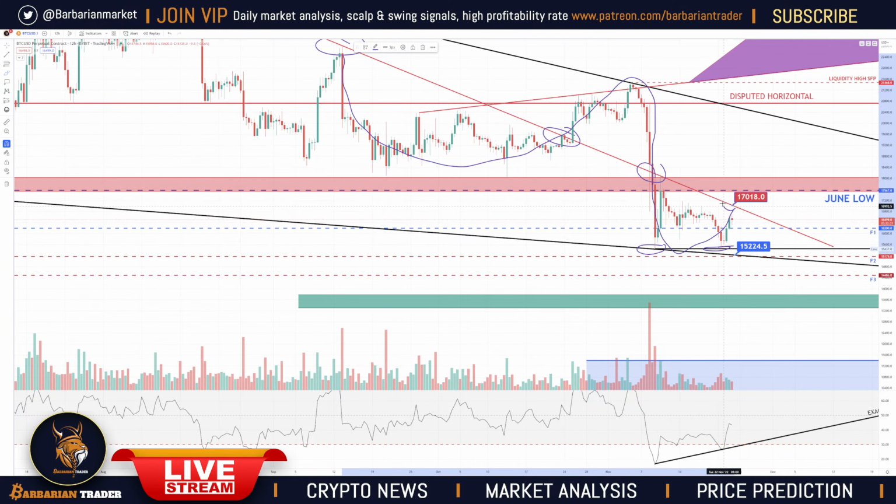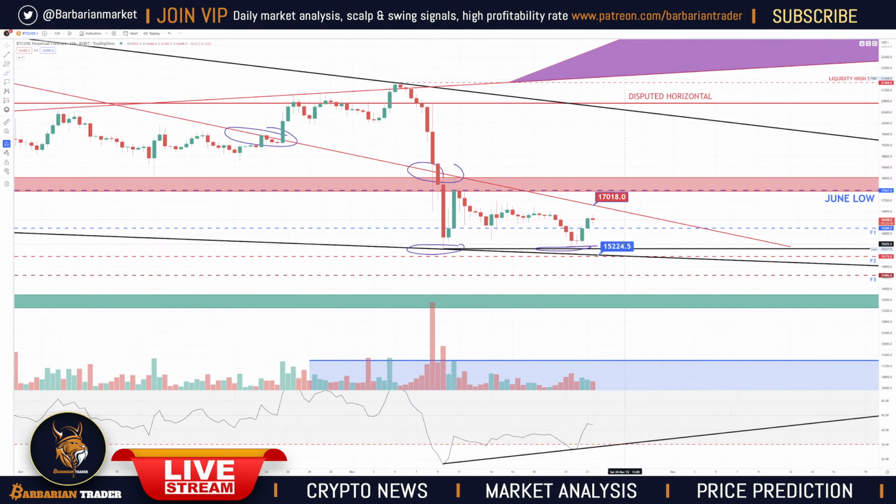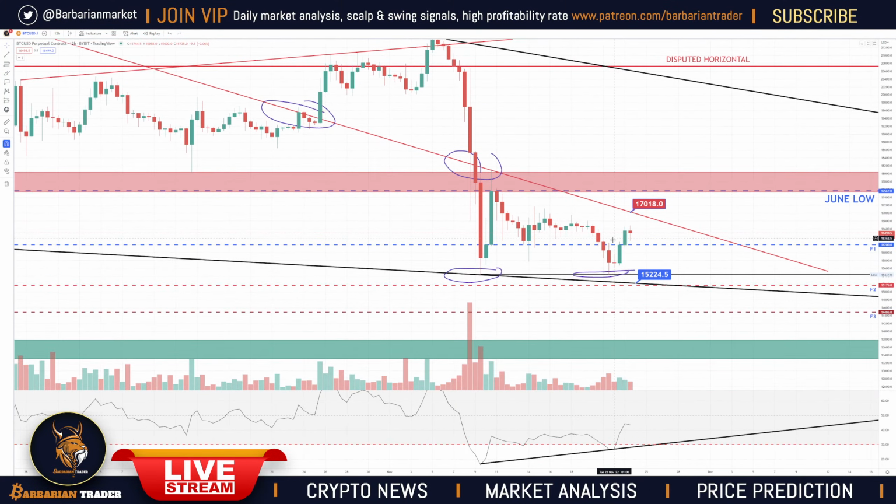Now it is possible to come back here at 70,000 and test as resistance. Doesn't mean it will go directly here. Maybe it will do another test of the 15,000 to 15,200 area, and only then grab the liquidity and do a swing failure pattern. Let me delete some things from here.